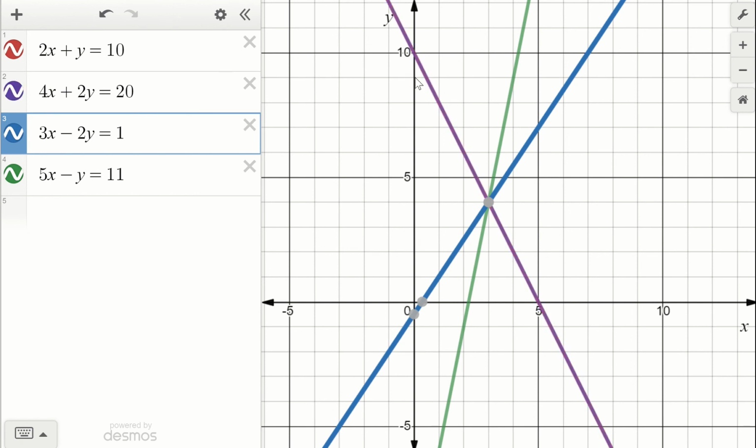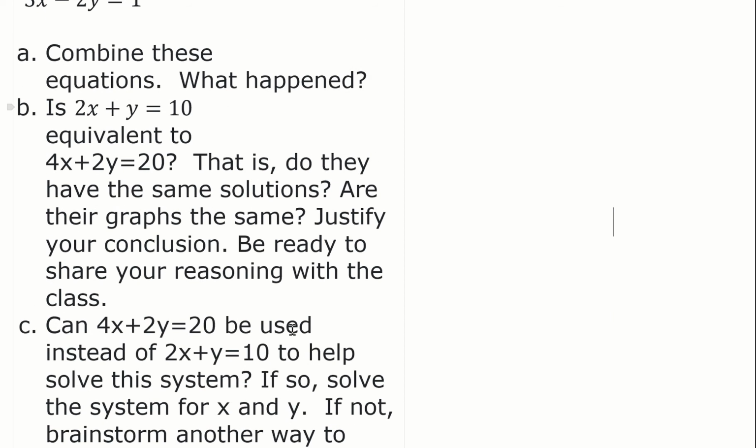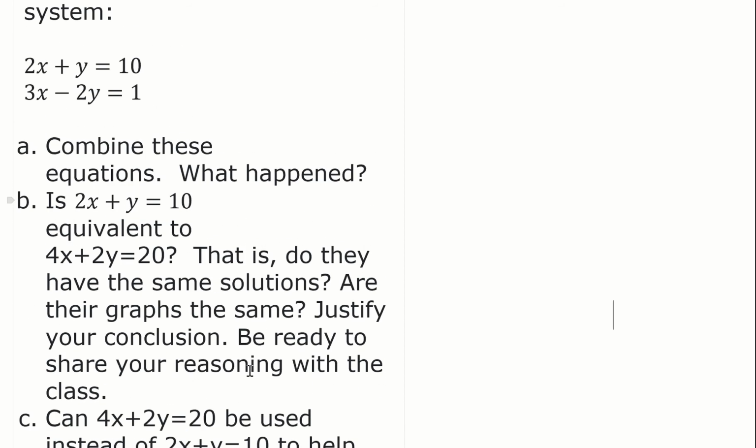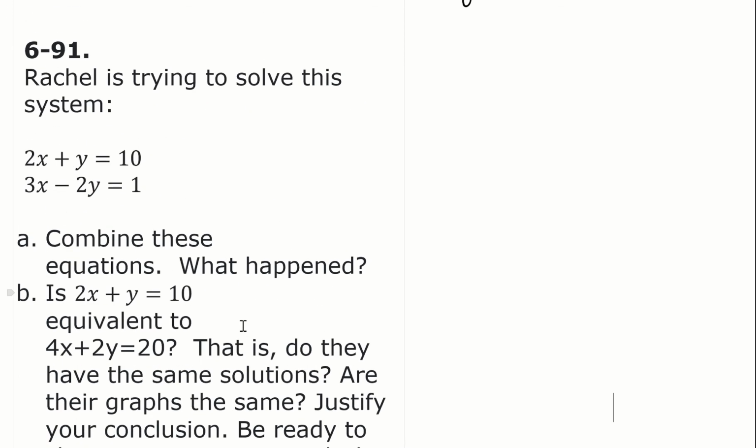And equivalent equations means they have all of the same solutions. So the line in purple and the line in red are equivalent to each other because they share all the same x, y values. That is, do they have the same solutions? Yes, they do. Are their graphs the same? Yes, they are. Justify, well, we graphed it in Desmos and we could see that they're all sharing the same points. So because this is an equivalent equation, can I use 4x plus 2y equals 20 instead of the top one? Well, absolutely I can.